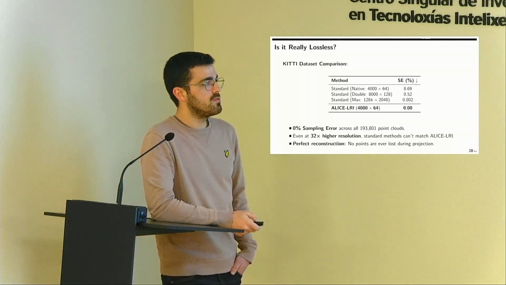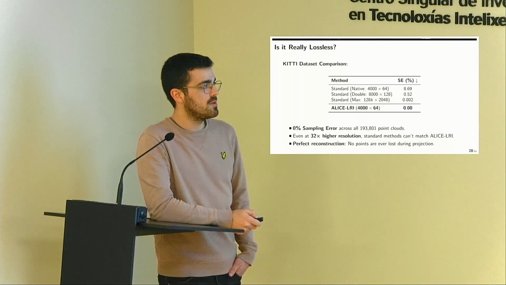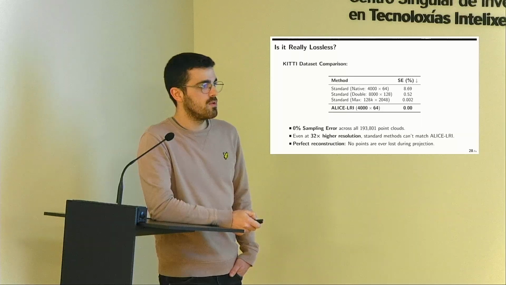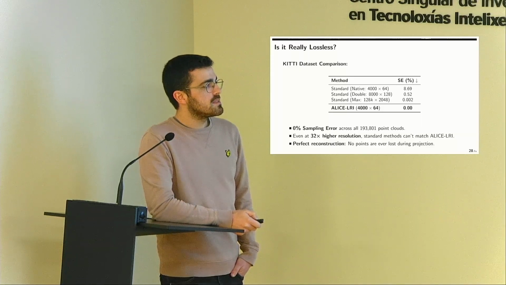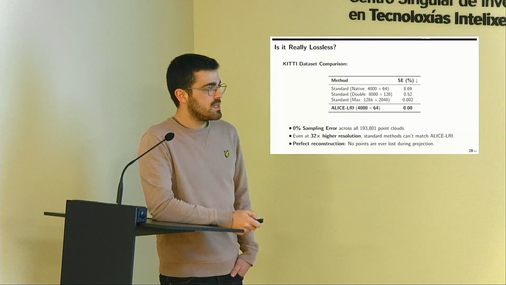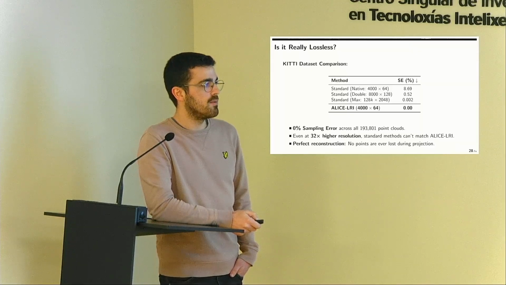So what people usually do, as I said, is increase the resolution. In this case, if we double it, we drop the loss to 0.52%, which is acceptable. But the thing is that even if you increase the resolution to crazy values like this one, which is multiplying by 32 on each dimension, you still lose something. This doesn't fix the problem.